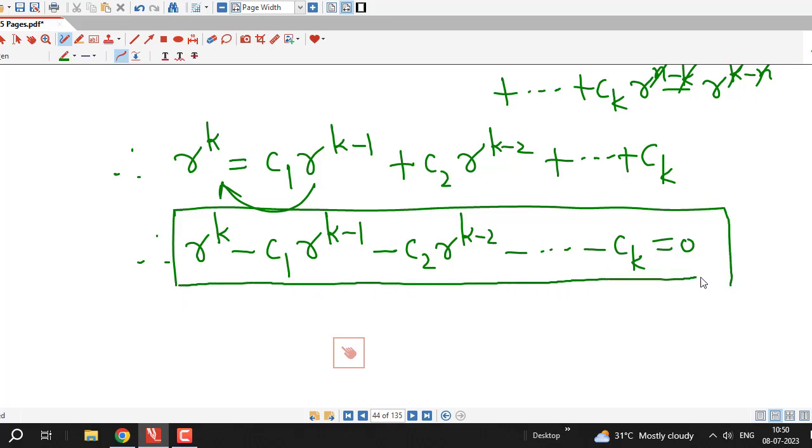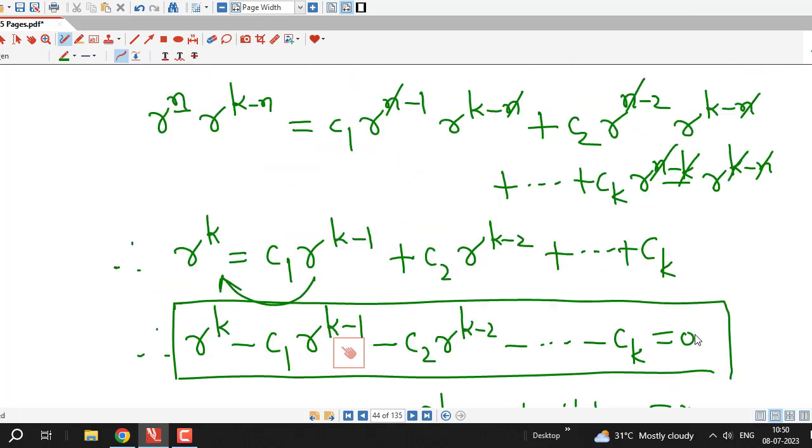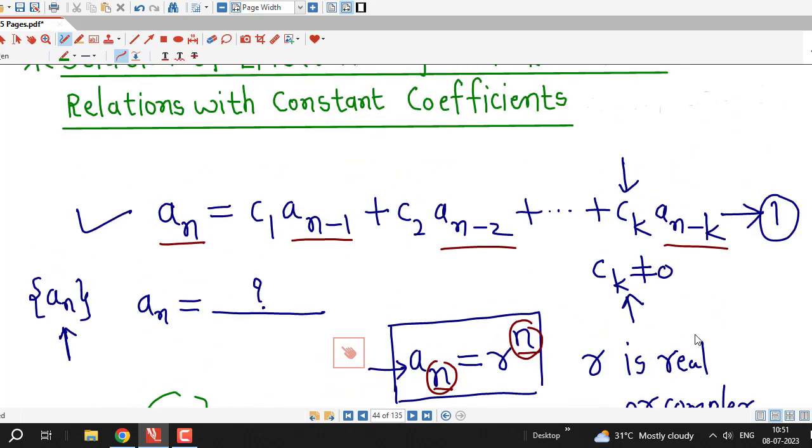So we obtain this equation which is in powers of r. It is a polynomial equation in powers of r, and this equation is called the characteristic equation of the given recurrence relation. So what we have seen, we started by assuming that an equal to r raised to n is a solution of this recurrence relation.